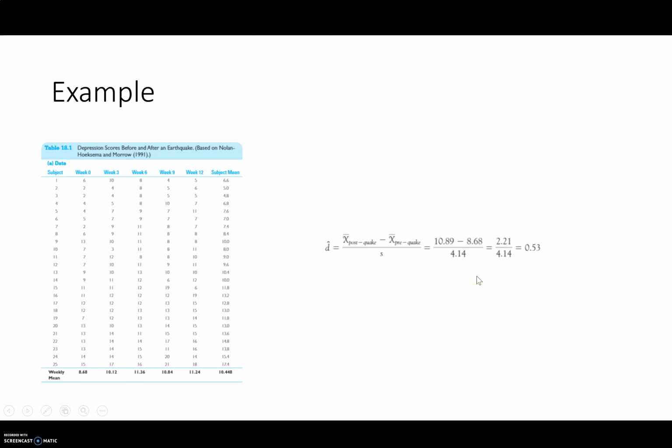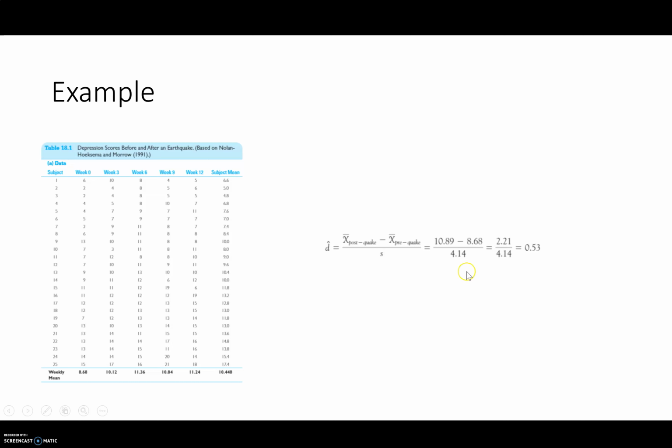And the convention is to do the bigger one minus the smaller one. You can see you could have a positive or a negative, but it really depends on how you want to structure it. I think you can have negative effect sizes. I don't think there's anything wrong with that.